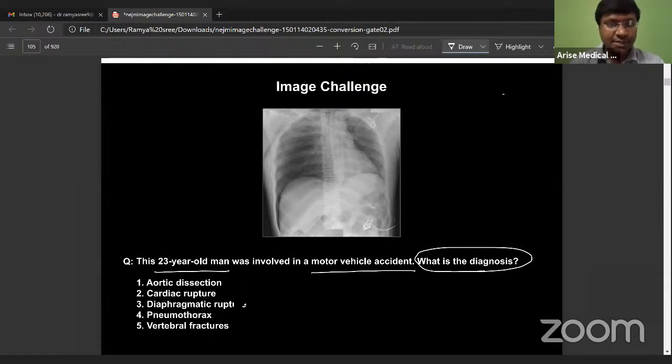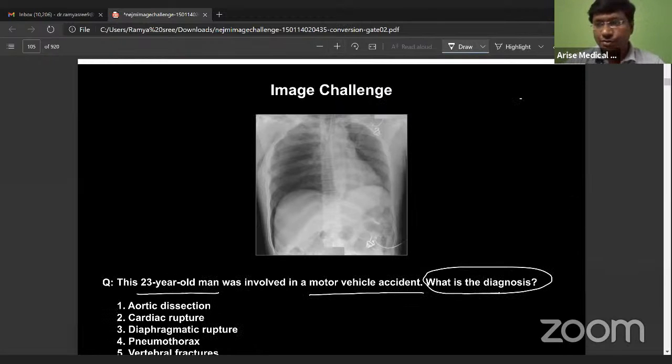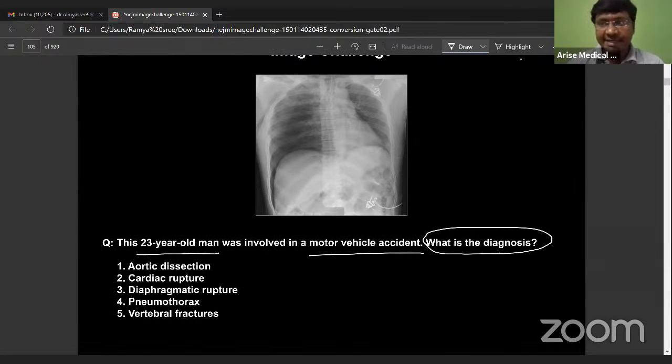Aortic dissection, cardiac rupture, diaphragmatic rupture, pneumothorax, vertebral fractures. I have slightly enlarged the image as well. The chest X-ray is given to you. Observe the X-ray properly and then let me know what exactly is the diagnosis.